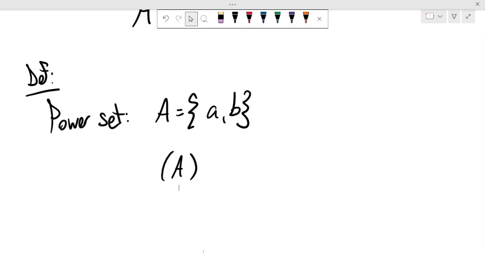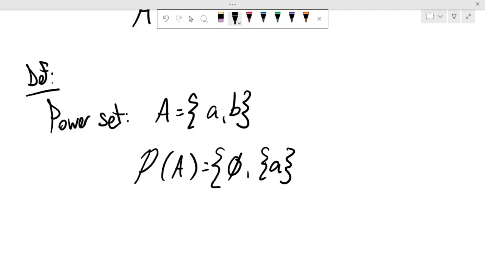It looks like probability of A, kind of a cursive P. I'm not exactly sure what symbol it is. I don't think I've ever typed it before. But this would be equal to all the different subsets you can make out of A. So that would include the empty set. That would include {a}. That would include {b}. And that would include the entire set, {a, b}.